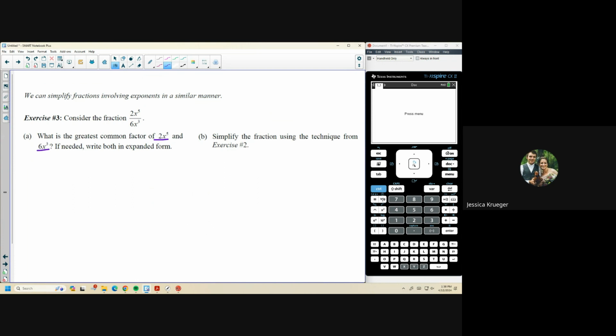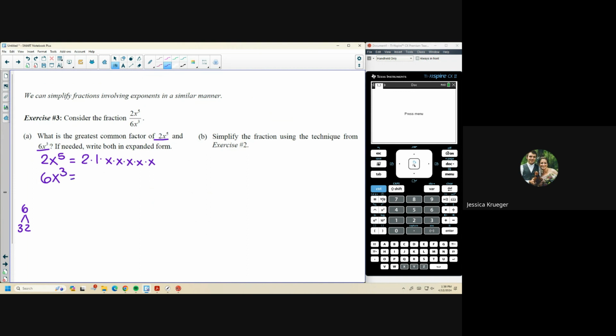Okay, so 2x to the 5th can be rewritten as 2 times 1 times x times x times x times x times x. 6x to the third, I'm going to break 6 down. 6 breaks into 3 and 2.